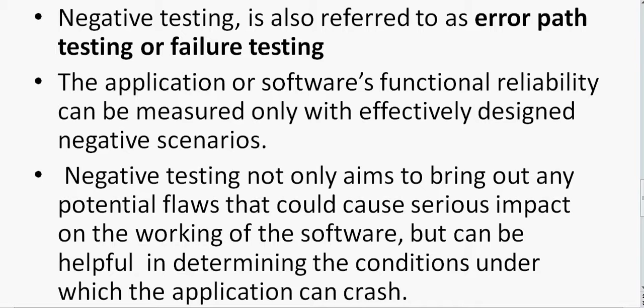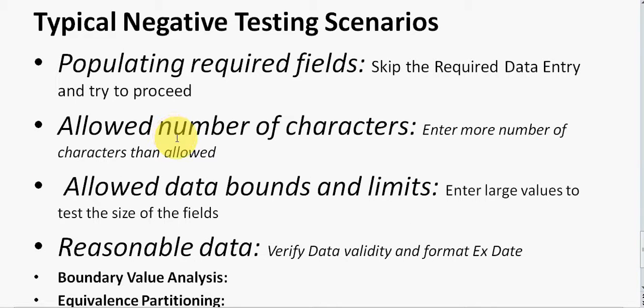Now, some of the negative testing scenarios can be populating required fields. Some of the fields are required, for example, when you are entering customer information, the customer first name or last name may be required, mandatory. So you test it by skipping the required field and see if the system is giving you a warning message or if it crashes.